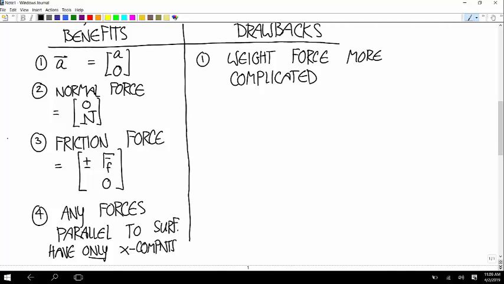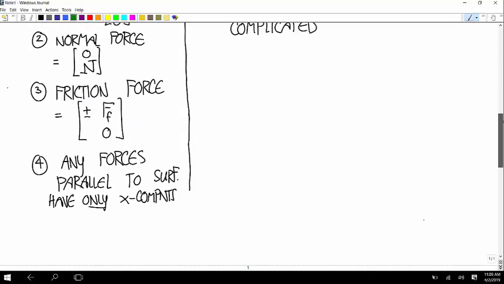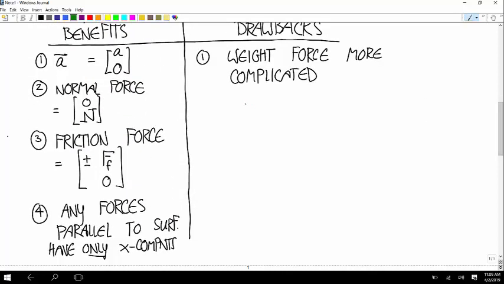Now we're going to have x and y components because, for example, if you have a coordinate system like this, gravity doesn't care what your coordinate system looks like.